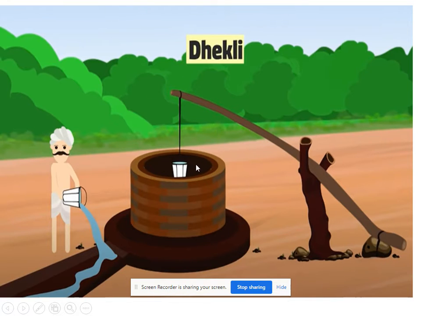At one end of this log the bucket was connected, and at the other end a heavy object was attached. As the water was lifted from the water body, the farmer took that water and dropped it in this narrow canal, and through that canal the water was supplied to the whole field.